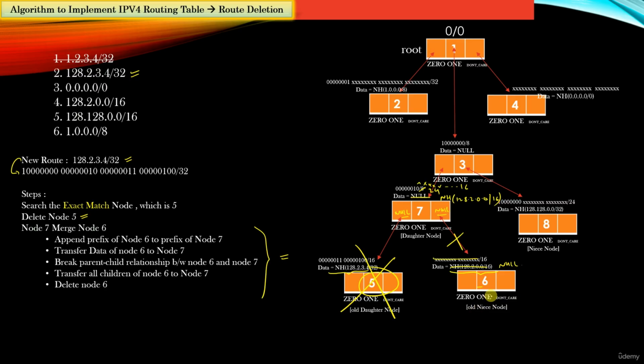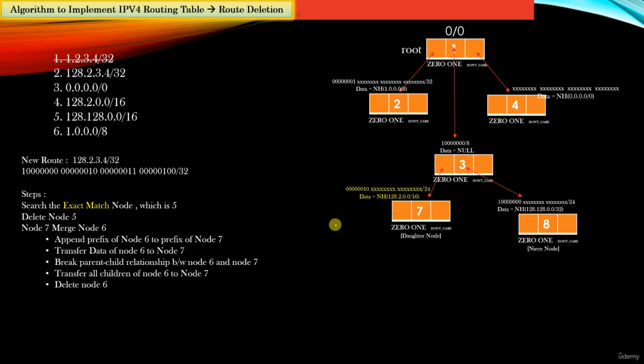In this case again, node 6 is a leaf node, therefore there is no need to transfer any children of node 6 to node 7, and finally delete node 6. So the final mtry data structure would be this one. Node number 5 and node number 6 have completely disappeared from this mtry data structure.